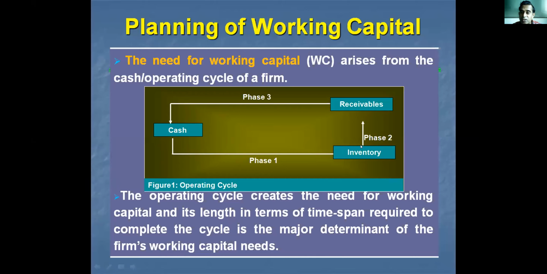When the finished goods are sold to customers on credit, like Hindustan Unilever Limited selling goods to wholesalers and distributors, they create accounts receivable or debtors in case of credit sales.